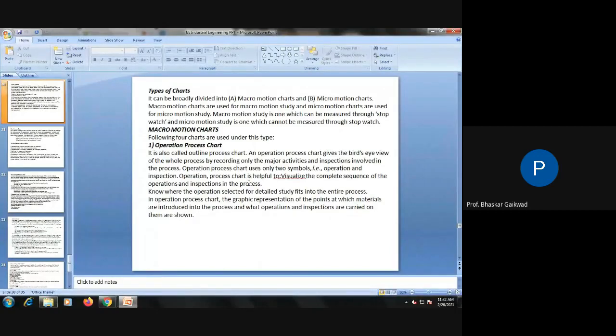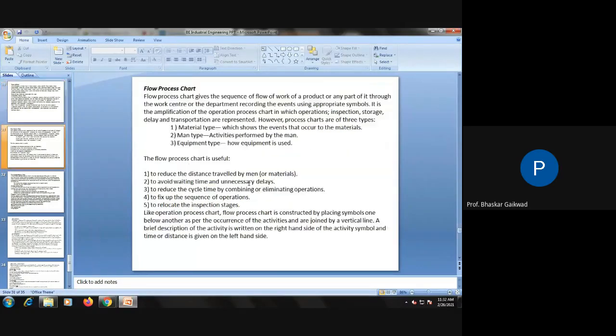And what you are actually doing is representing this in the graph by using two symbols. I will show you an example of an operation procedure.